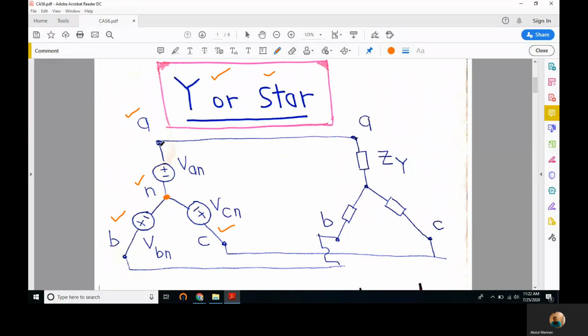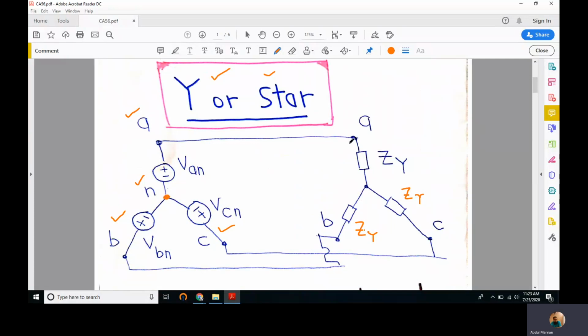This three-phase Y or star source is characterized by four lines: A, B, and C, and the fourth line is the neutral line. So it can be used to conveniently drive a three-phase load having the same general structure as the source has: ZY, ZY, and ZY, three impedances connected in Y or star fashion.